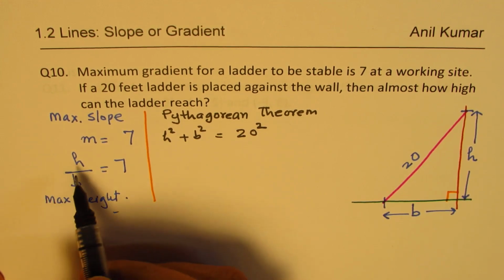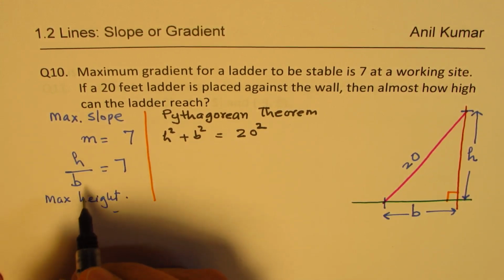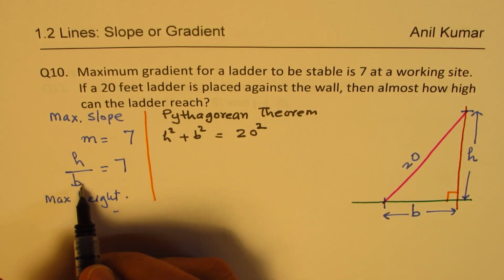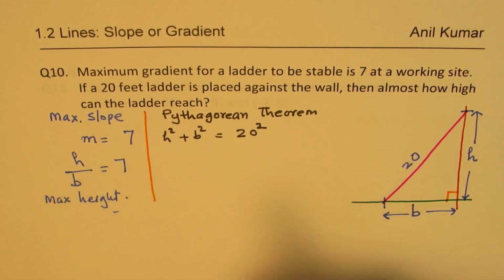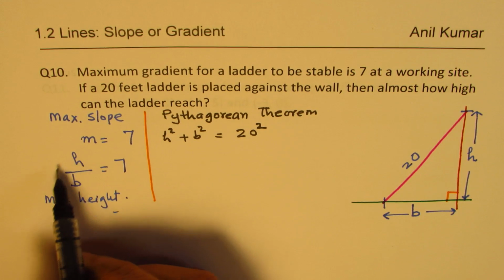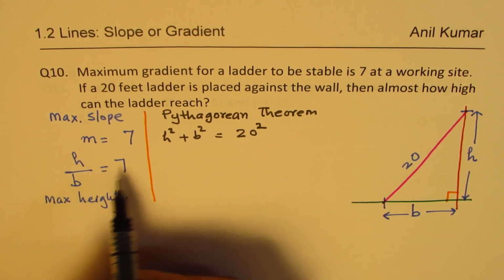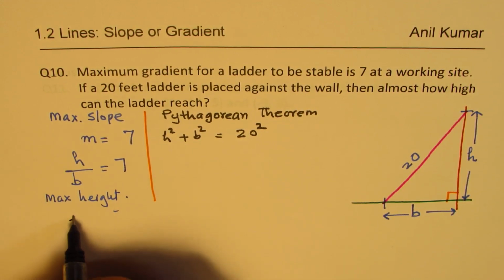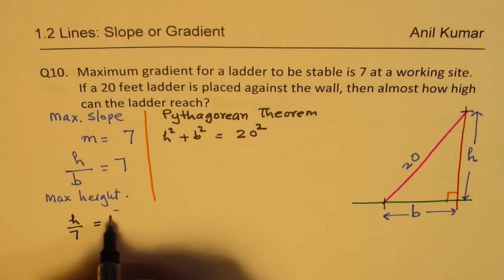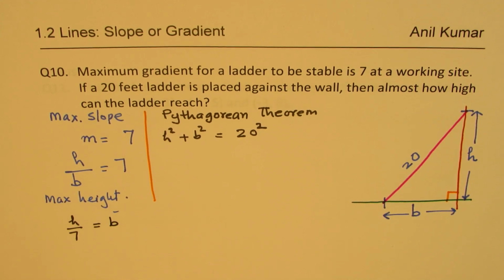Now we need to find the maximum height. So we have to write one of these variables in terms of the other one. We can say height divided by 7 is basically the base, correct?